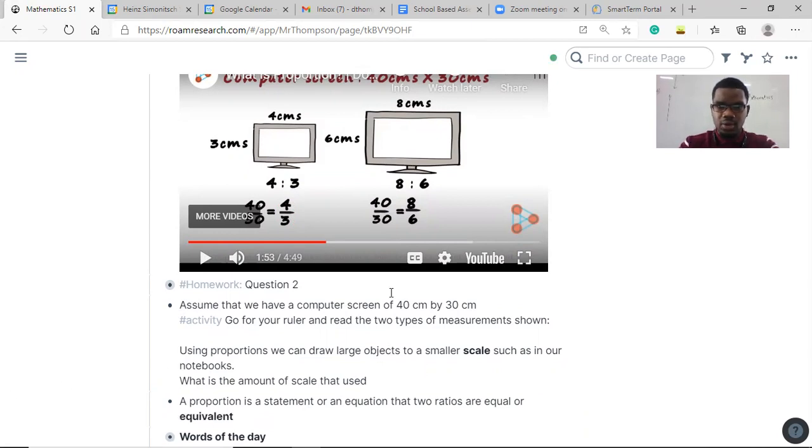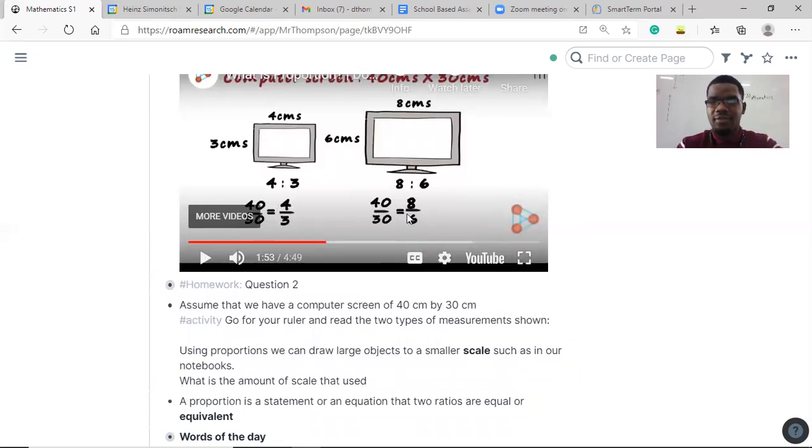All right, equal or equivalent. Because if you look at the 40 divided by 30 and it's turned to 8 divided by 6, being that I divided both values, 40 by 5 and 30 by 5, it is equal on both sides. That's why it's a proportion.